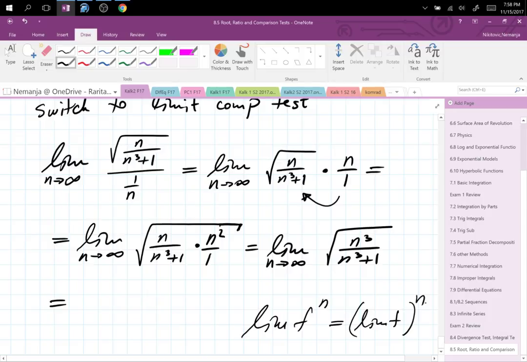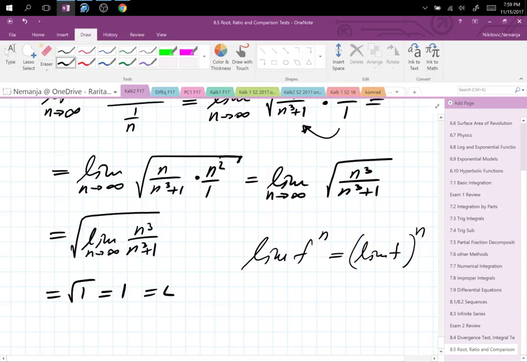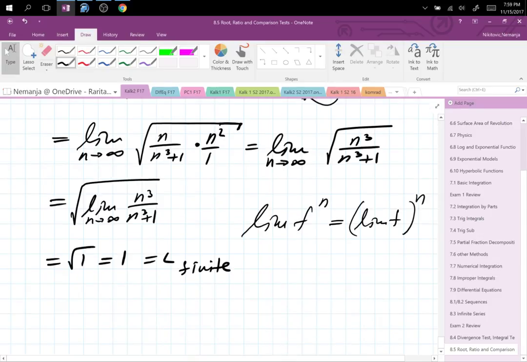That is the property from Calculus 1 in chapter 2. You can go and find it. It's a theorem. So this means that I can actually do the square root of the limit as n goes to infinity of n cubed over n cubed plus 1, which gives us square root of 1, which is L, finite. Which means both do the same thing.